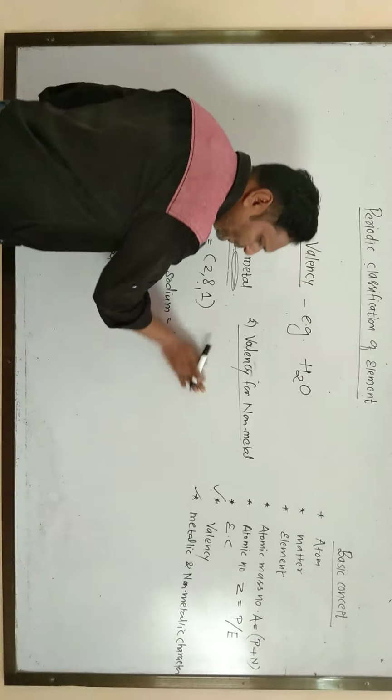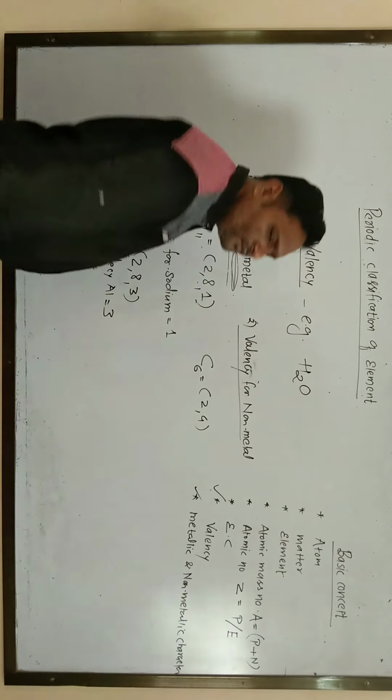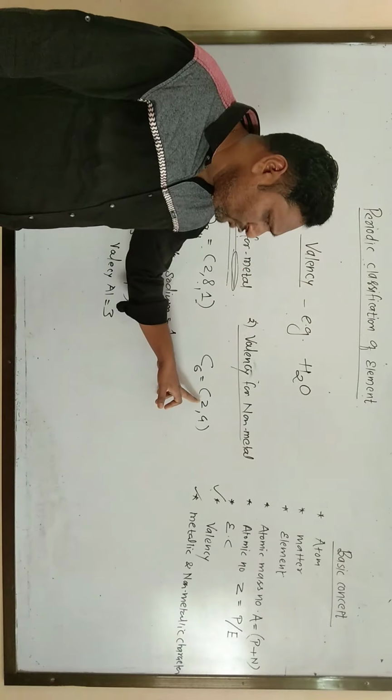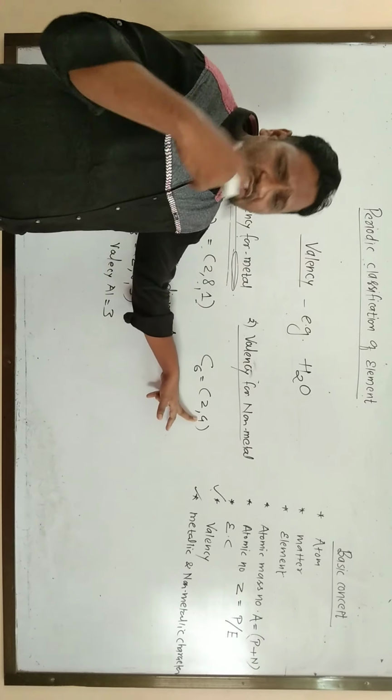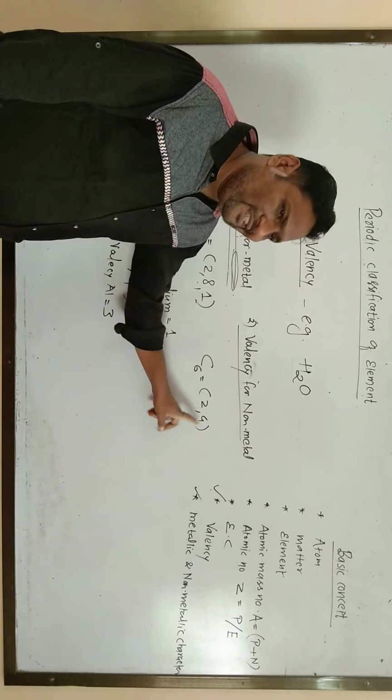Our example: carbon has atomic number 6, and its electronic configuration is 2, 4. So carbon has 2 electrons in its first orbit, which is completed, but the second orbit has 4 electrons, and carbon still requires 4 more electrons to complete its second orbit.